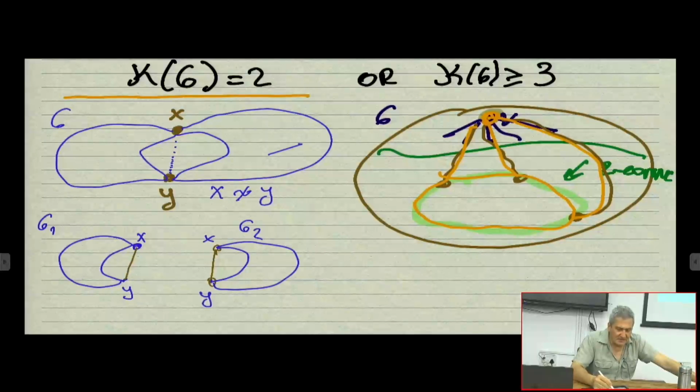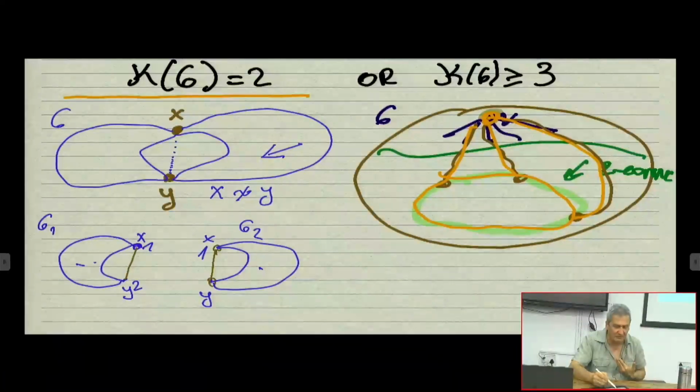If G is 4-critical, what can we say about these two graphs? Actually, one of them will be 4-chromatic, probably even critical, because if both were 3-chromatic, we could join them back. We can assume that here is color 1, here color 2, here color 1, here 2. We can join. So one of these two is 4-chromatic, even critical, but we don't need it.